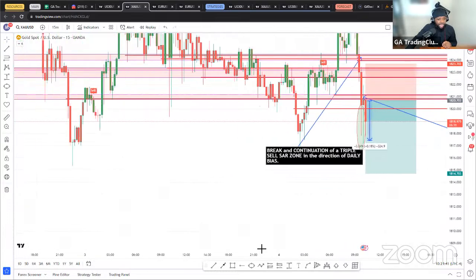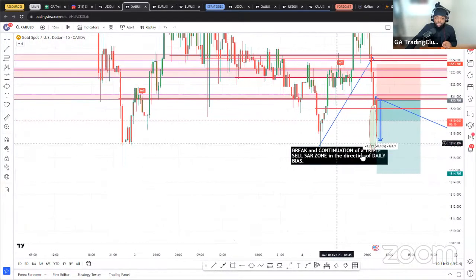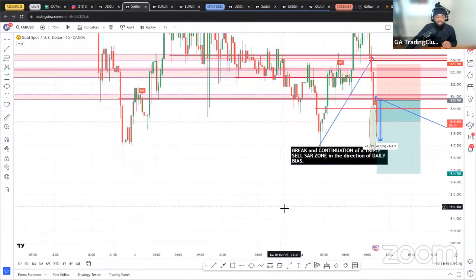And gold technically had created a double bottom here. So this can also be a triple bottom. But I'm not really, because once I start looking at that, I'm looking at reasons why my trade isn't valid. But the SAR already told me, hey, I've given you an entry. That's it. Whether it hits TP, whether it hits stop loss, that doesn't matter.